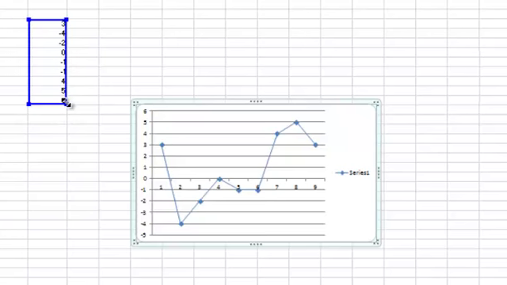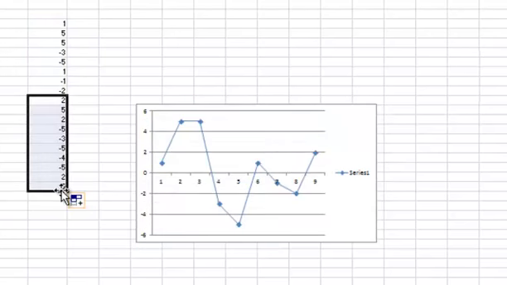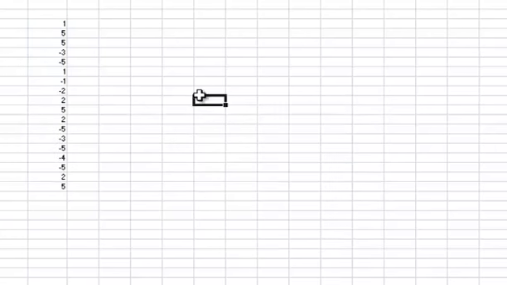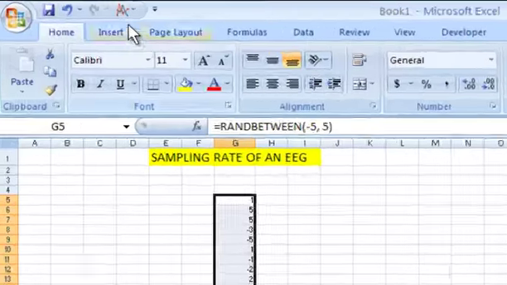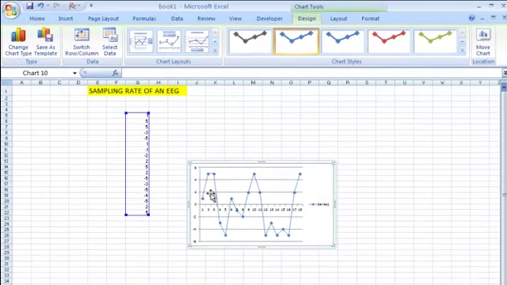If you have more data points in 1 second, let's do that. Let's pull it up. If you have more data points, I'll delete this graph and create a new graph. So now we have more data points, and if I graph it using this line graph, I see more waves.